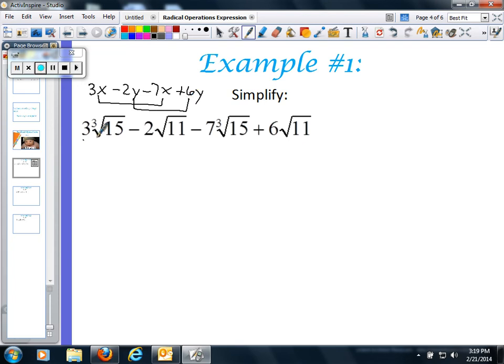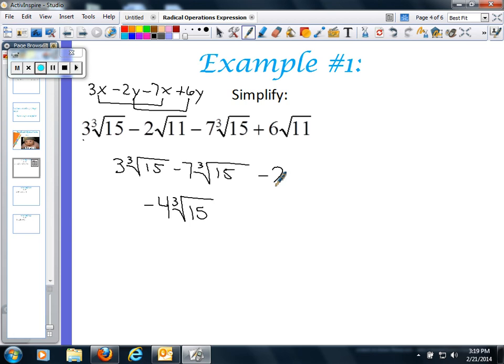So I have 3 cubed root of 15 and negative 7 cubed root of 15. Okay? I'm going to simplify those. 3 and negative 7 is negative 4 cubed root of 15.